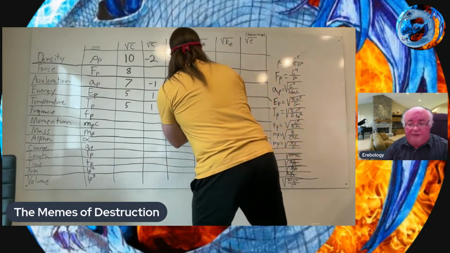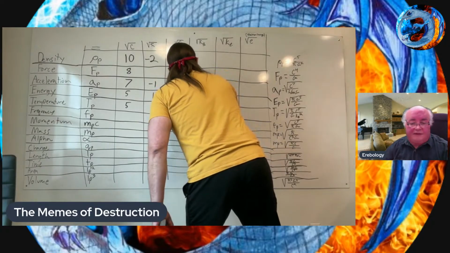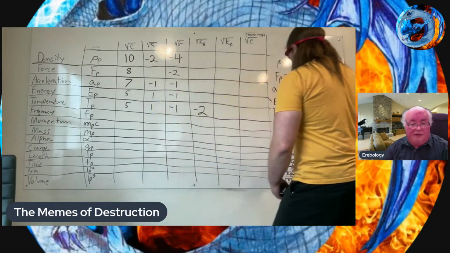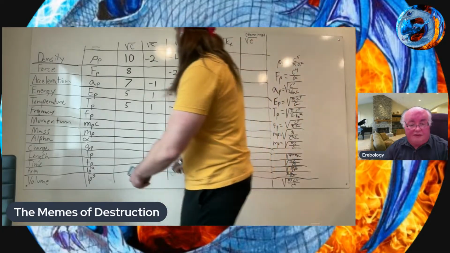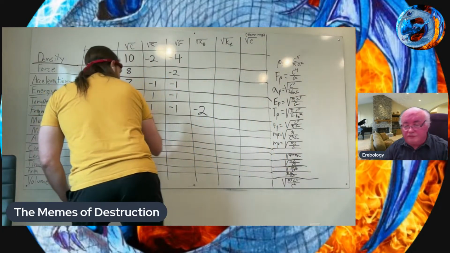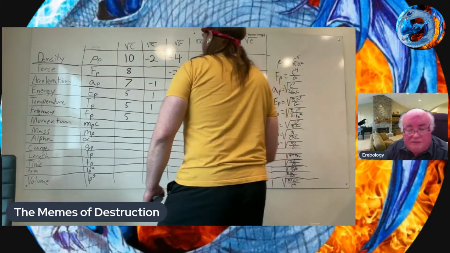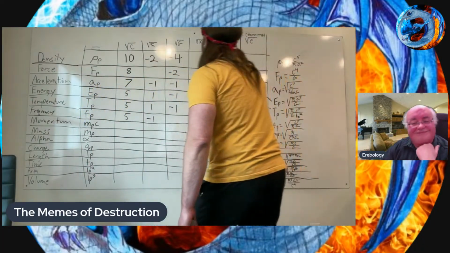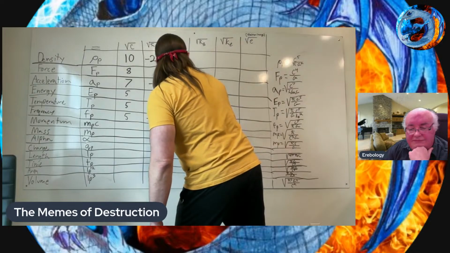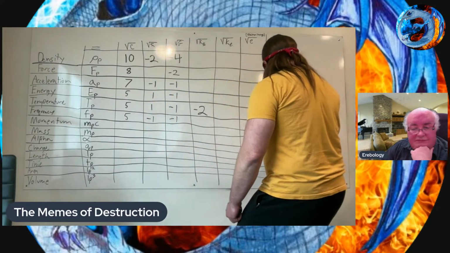Okay, so -2. Gotcha. So then we got frequency. That's going to be 5 of those radicals, -1 h bar, -1 G.